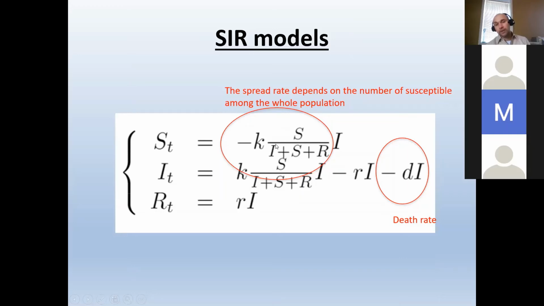So this is a number between 0 and 1. So it gives you a kind of probability that an infected person meets susceptible people. So this is two modifications from the previous model.